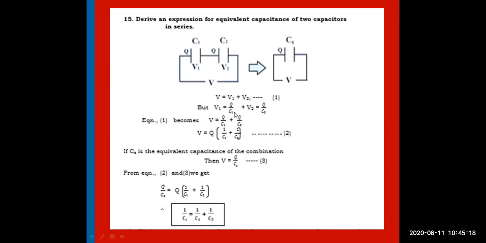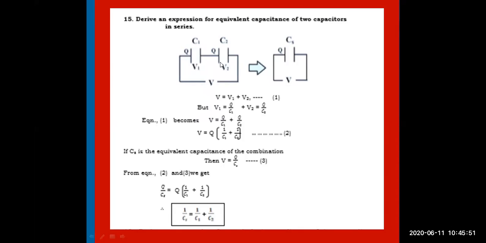Now when we go to derive, the total potential in figure 1, V, should be equal to V1 plus V2 because there are two capacitors. But we have a definition, C equals Q by V. That's the definition of capacitance. You rearrange it, you will get V equals Q by C. So for the first capacitor, V1 will be equal to Q divided by C1.